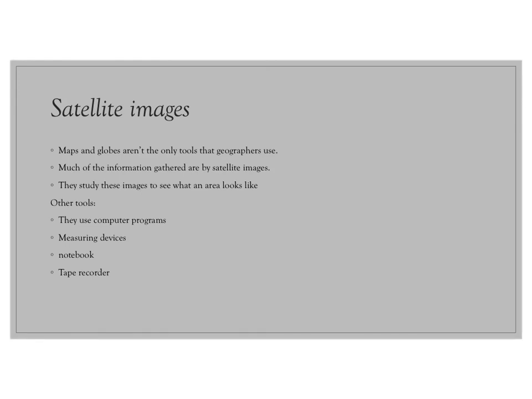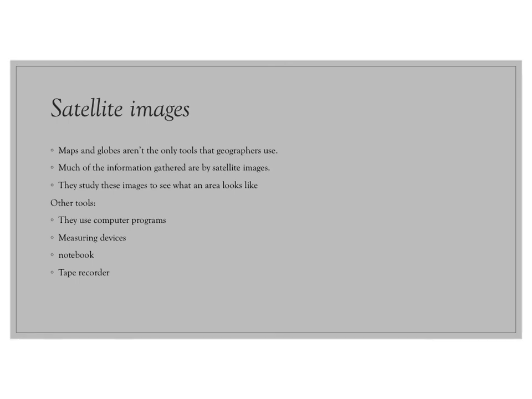Geographers actually also depend on satellite images. The satellite images made the mission of the geographers easier, you know that? Because we have different kinds of satellite images that can show you specific details, specific locations.